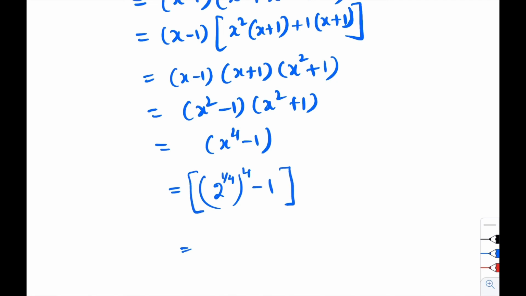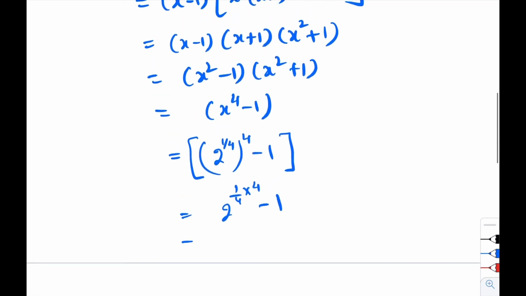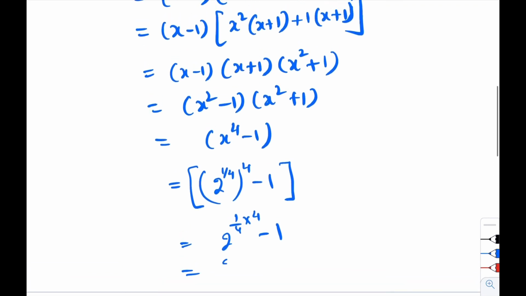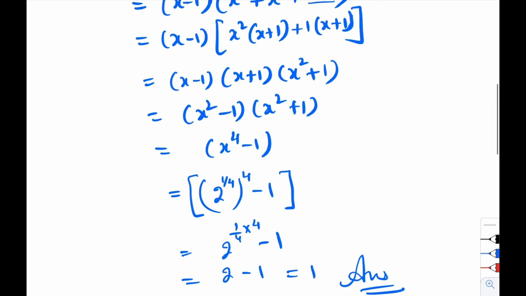So we have 2 raised to the power 1/4 into 4 minus 1, and this is equal to 2 minus 1 and equal to 1. So our answer is 1. So the value of the given expression is 1.